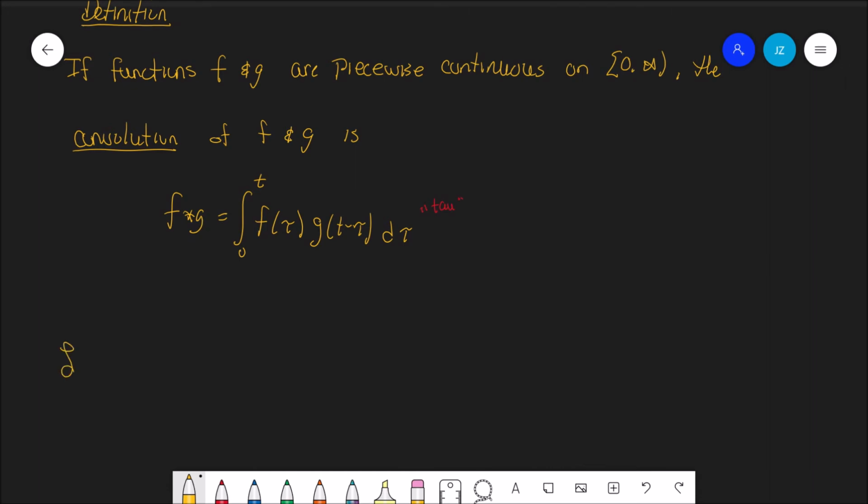So we're going to evaluate the Laplace transform of e^t star sin(t). So by definition of convolution, this is the Laplace transform of the integral from 0 to t of e^tau times sin(t minus tau) d tau.